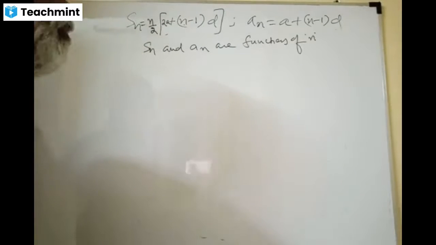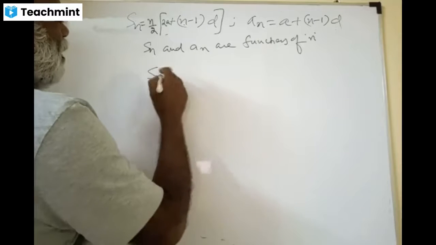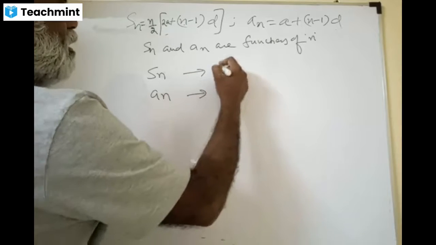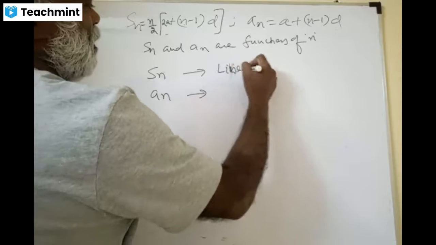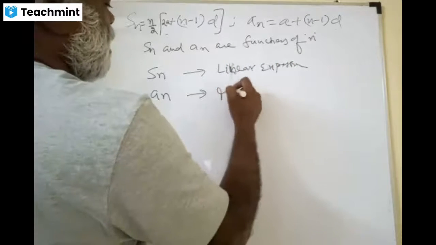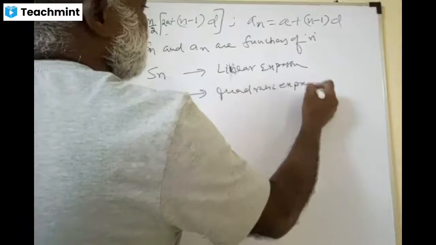What am I doing now? You tell me. Sn and An, two things are there. I wrote two things here. One is a linear expression, and the other is a quadratic expression. So you match these two, my dears.